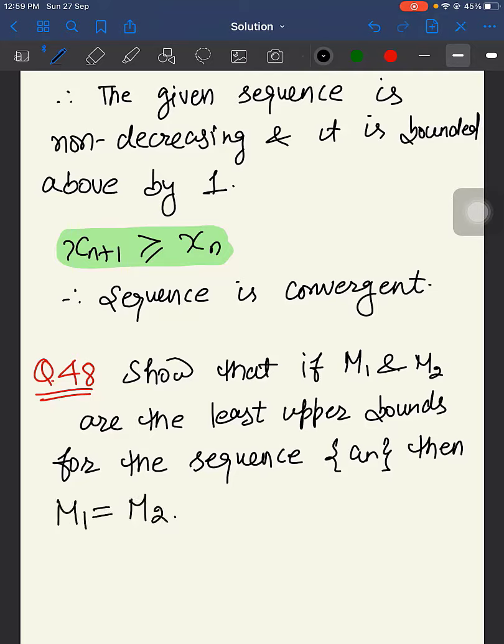That means one sequence cannot have two different least upper bounds. That's what we want to show. Actually this will be proved in 3-4 steps. It's pretty easy. So let's prove it on the next page.